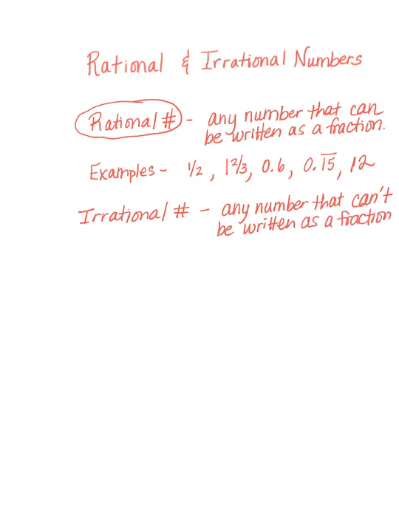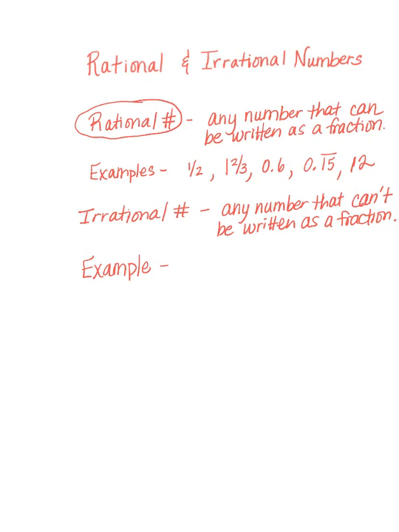Now, when you think about all the numbers we've talked about that can be written as a fraction, what does that leave left over that cannot be written as a fraction?